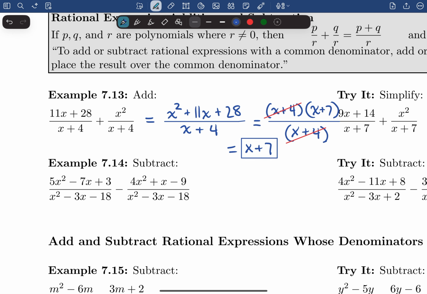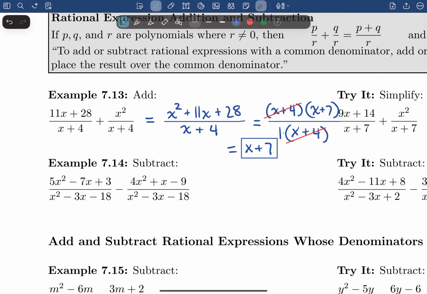Now we're done. And what was left in the bottom was an invisible 1, 1 times x plus 4. There was an invisible 1 that was there, and x plus 7 over 1, well, the division by 1 just becomes invisible. Great.